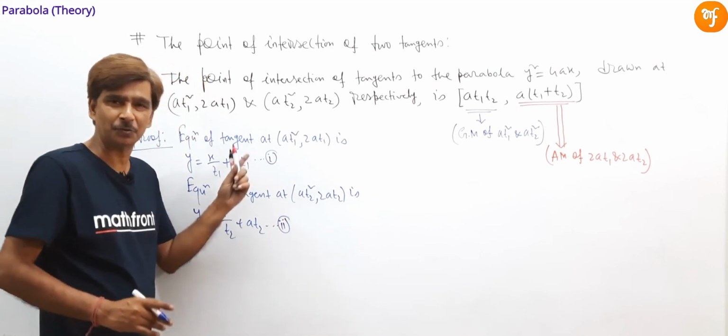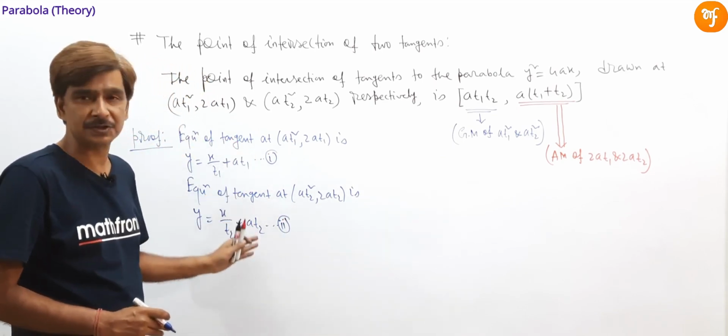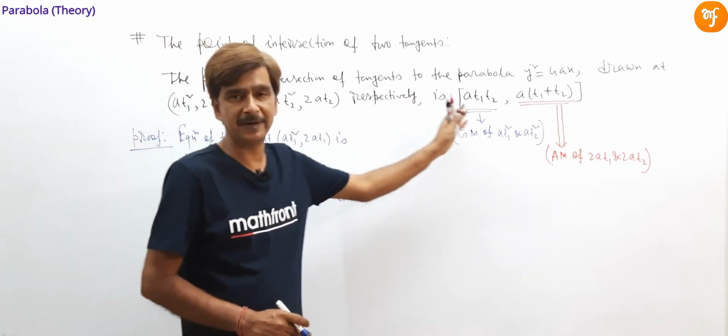Okay, so these are two tangents. Now if we solve these two, we will get the point of intersection.